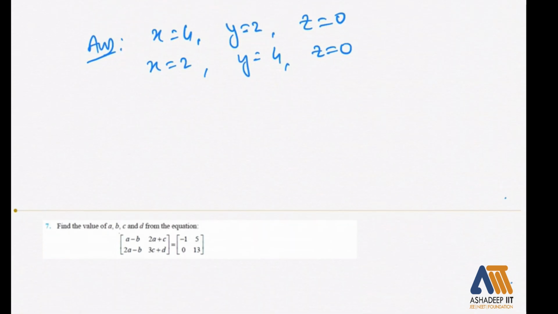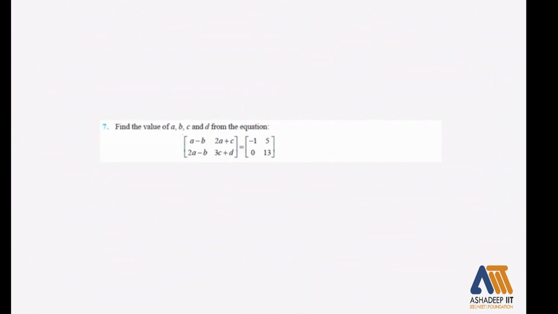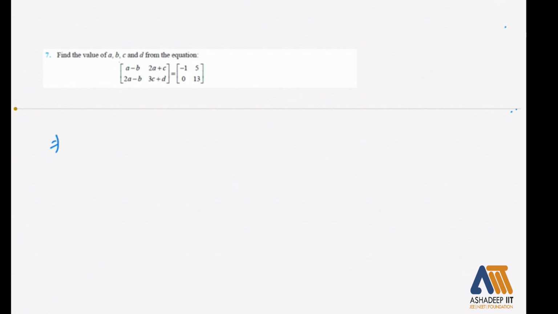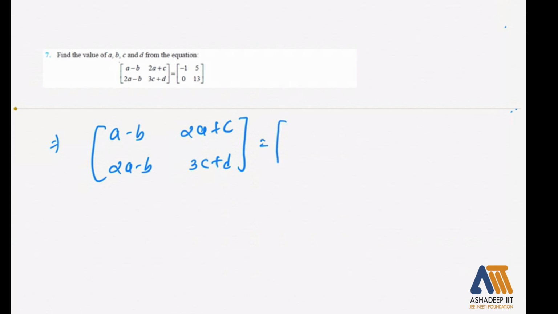Next question. In this question again we need to find the value of a, b, c and d from the equation. Two matrices are given and both are equal. Equality sign is given. So a minus b, 2a plus c, 2a minus b and 3c plus d is equal to minus 1, 5, 0 and 13.